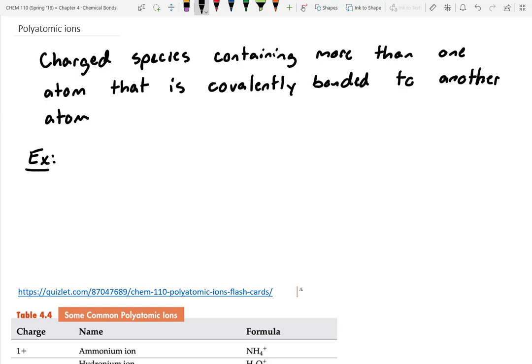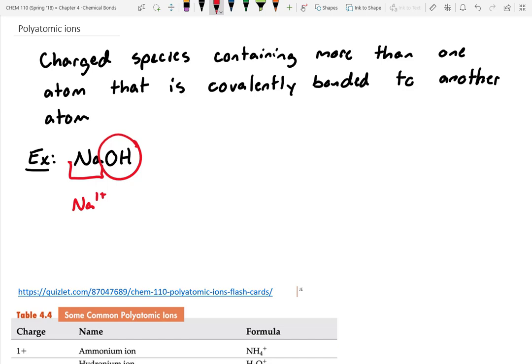So in this example, I've got sodium, and then I've got OH. What charge does sodium always have? It's in group 1, so it's got to be 1 plus, right? So we know sodium is 1 plus. And then over here, we've got this OH group.